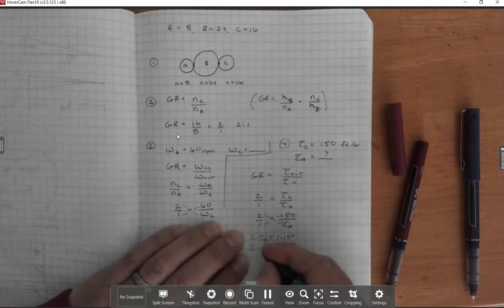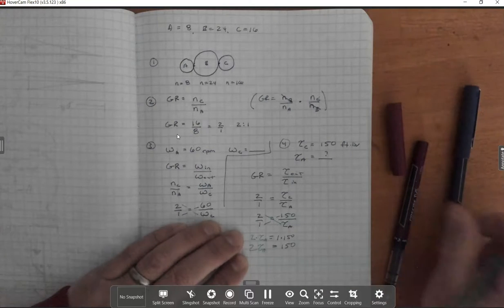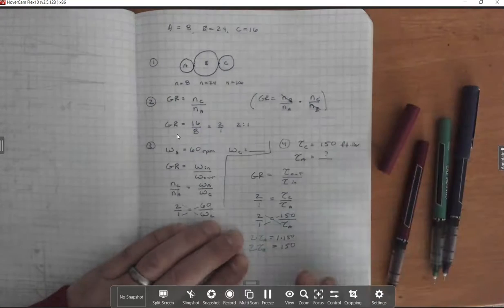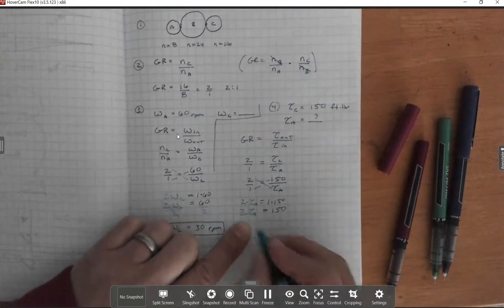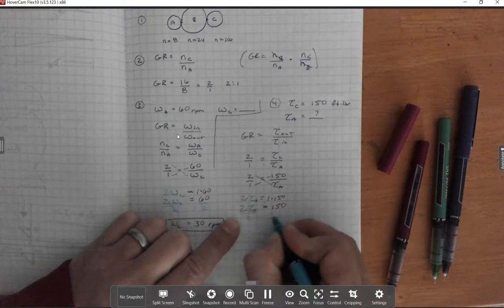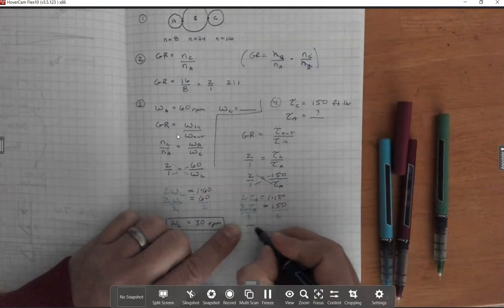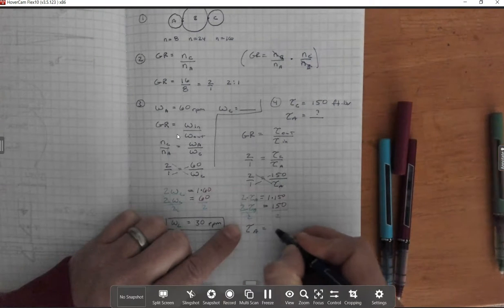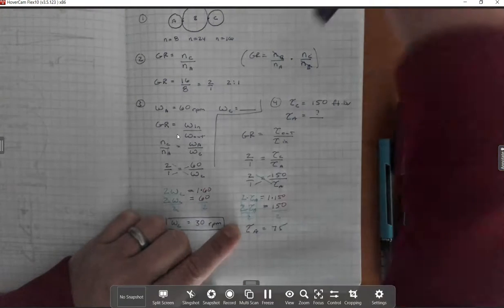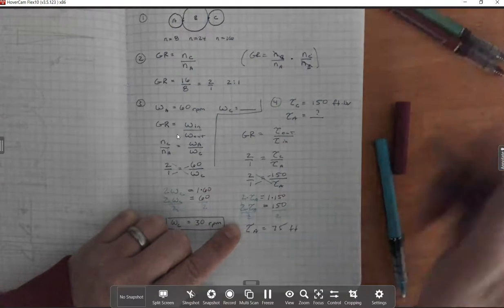Lastly, we want to solve for the torque at A, so we get rid of this factor of 2 by dividing both sides by 2. We get that the torque at A is equal to 75 foot-pounds.